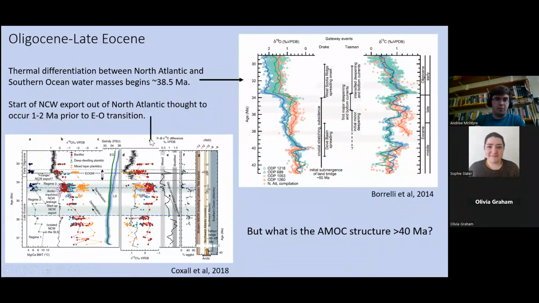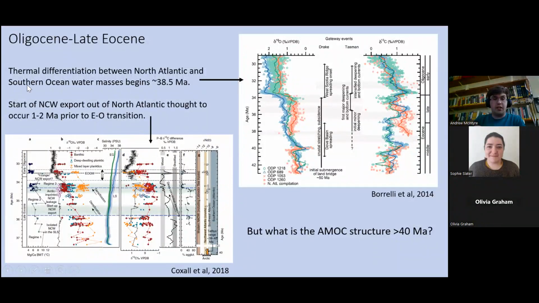So two more studies before we get on to some of my research. Again looking at this EOT, isotopic evidence potentially suggests that 1 to 2 million years before the EOT, we start to see the northern source waters, or northern component waters, exported out of the North Atlantic for the first time, and potentially reaching the South Atlantic.